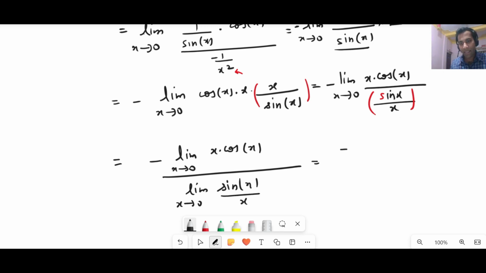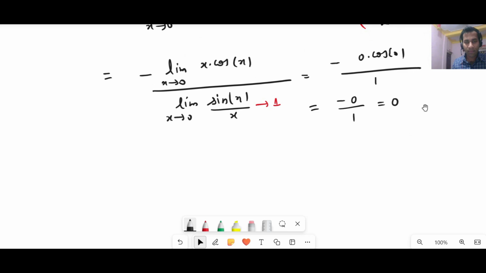So it will give minus 0 times cos of 0, and the value of this limit will be 1. It will give negative 0 by 1, which is 0.